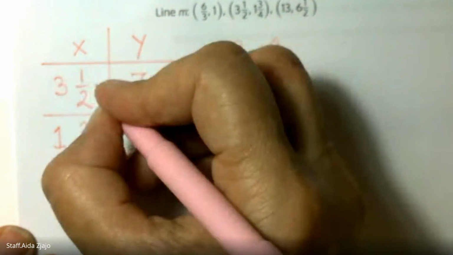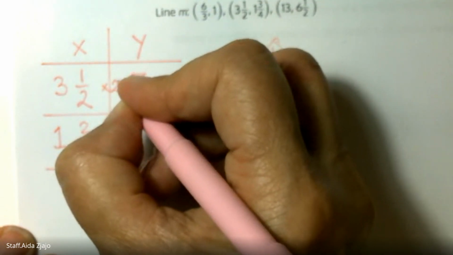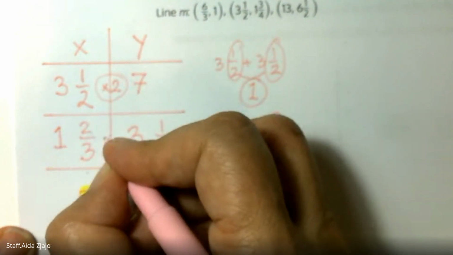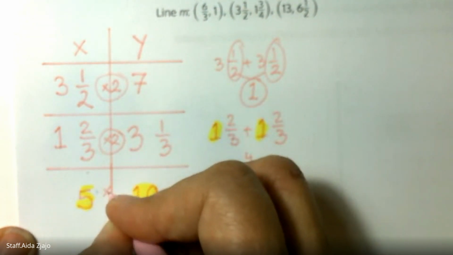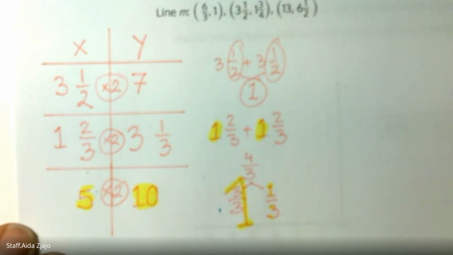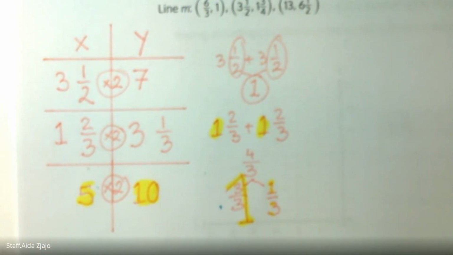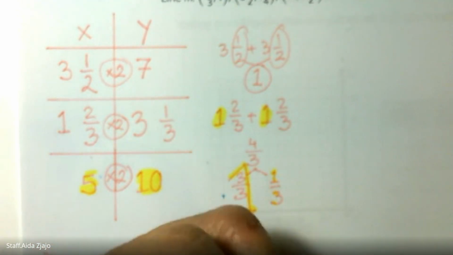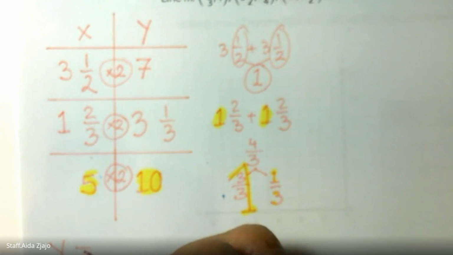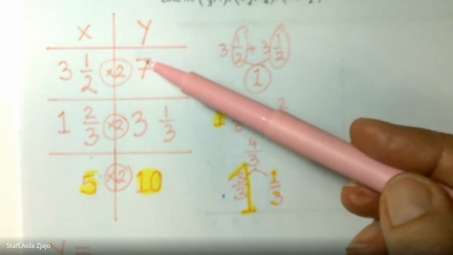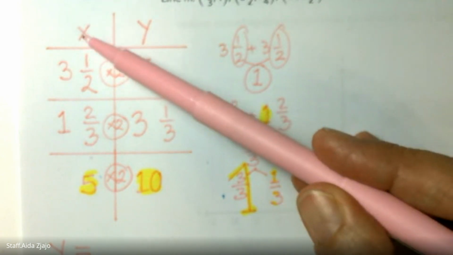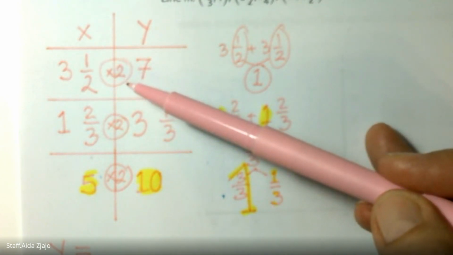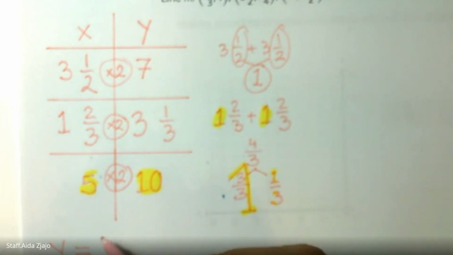So I found my rule, that's times 2. Now I have to come up with how I get y. To get y, I take x and multiply by 2. So what that means is x times 2.